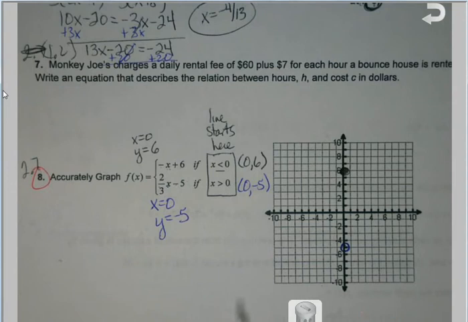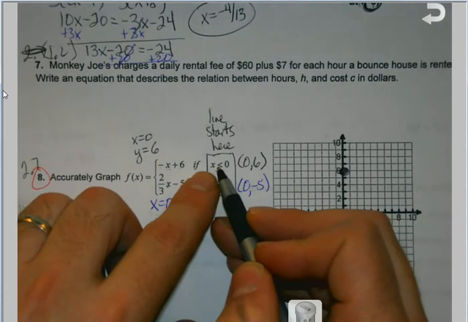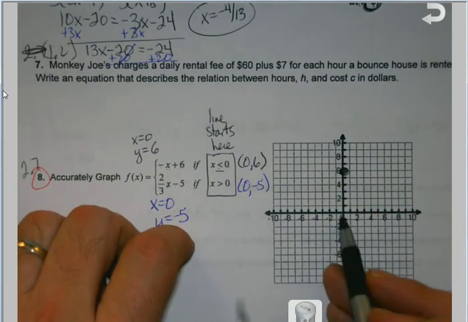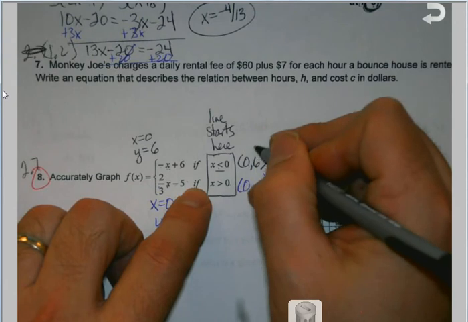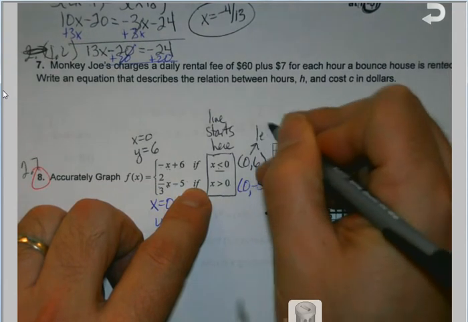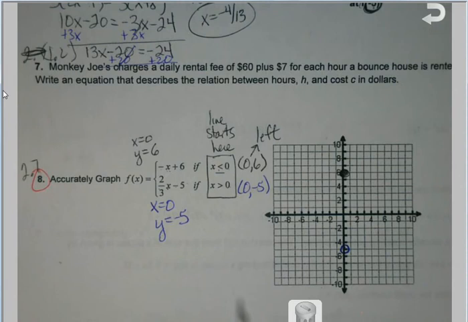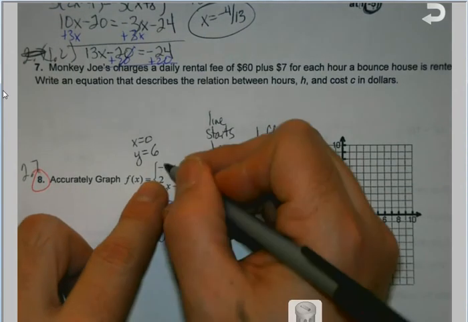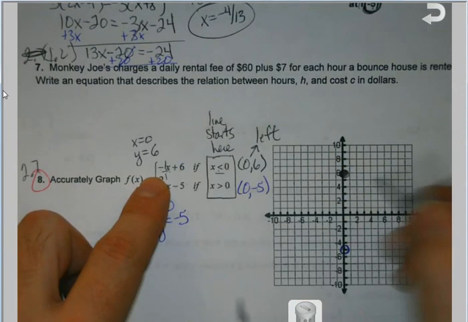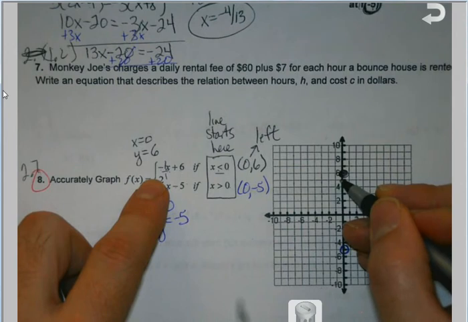So I might see how you get the first point here. How do I get the rest of the line? Well, there's a couple of things to keep in mind. x is less than 0. Less than is left. So this line is going to go to the left of (0, 6). My slope is -1/1, so normally I'd go down 1, right 1.